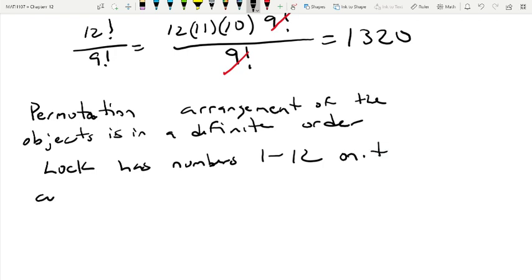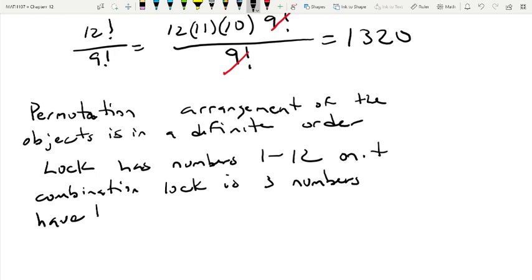And my combination for this lock is made out of 3 numbers. And those numbers have to be in a definite order. And so the question then is, how many different ways can this be done?